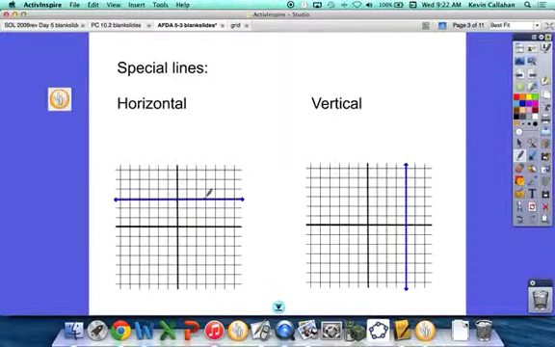How about this point? The x is 5 and the y is 3. What is the y coordinate of every point on that line? 3. So the equation of a horizontal line is y equals a constant, right? The x is going to be every value along that line, but the y will always be 3. So when you write the equation for a horizontal line, it's y equals a constant.